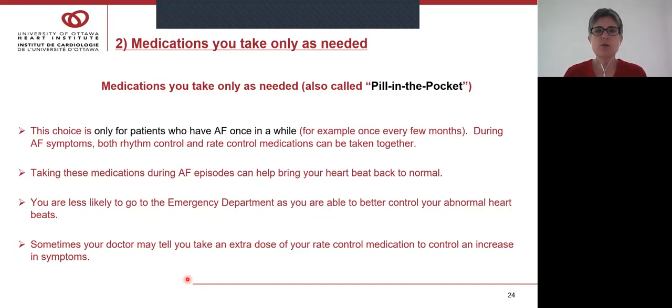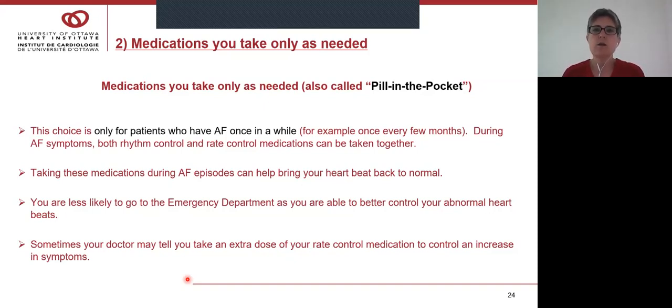Sometimes some of the physicians will also, if you're on a rate control medication, say, okay, when you feel symptoms, take an extra dose of your rate control medication. But of course, this needs to be discussed with your doctor.